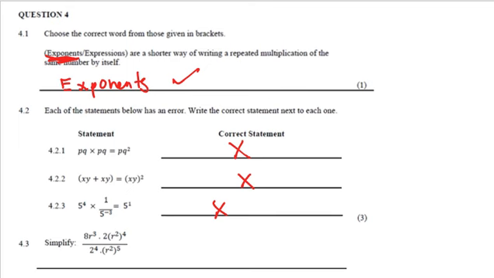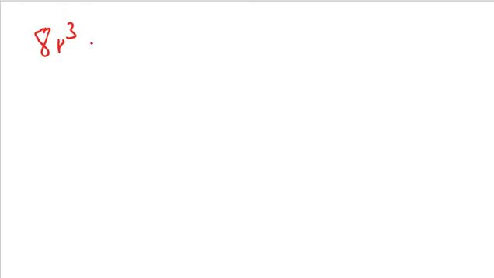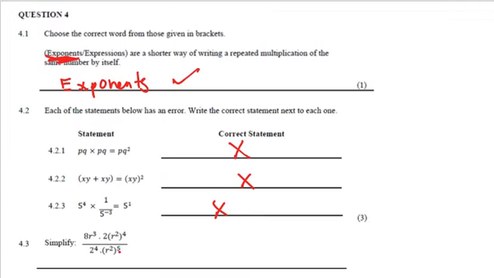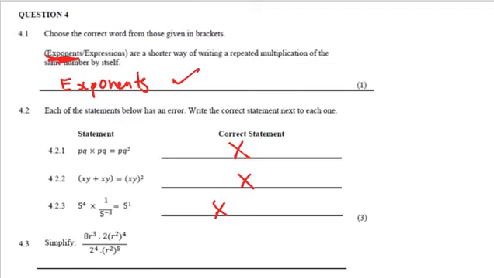Okay, we have 8r cubed, this dot means multiply, times 2r squared to the power of 4, all divided by 2 to the power of 4, r squared to the power of 5.